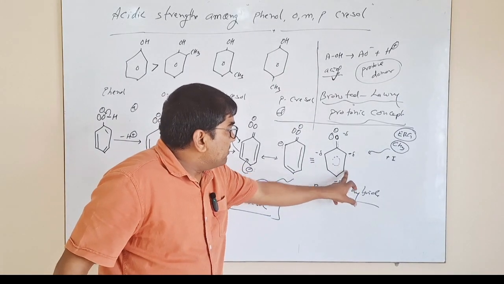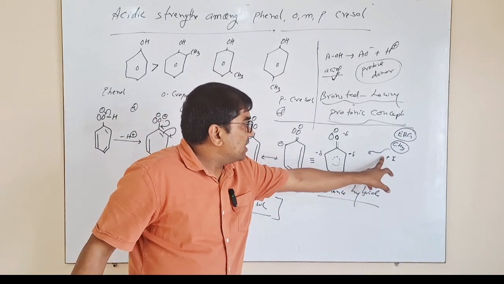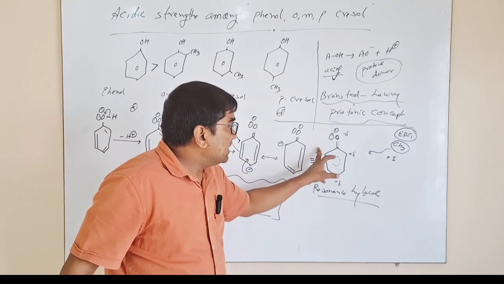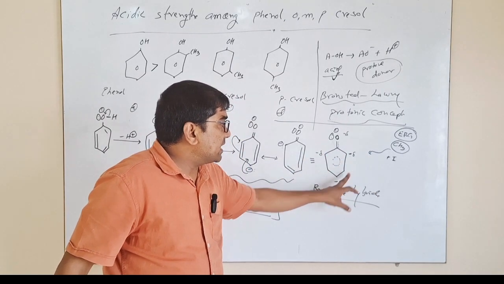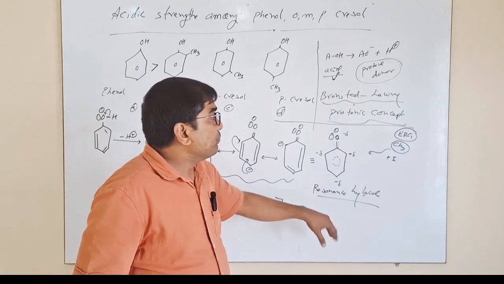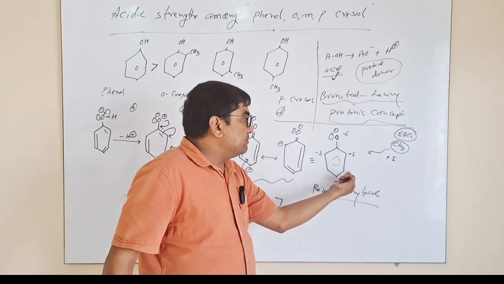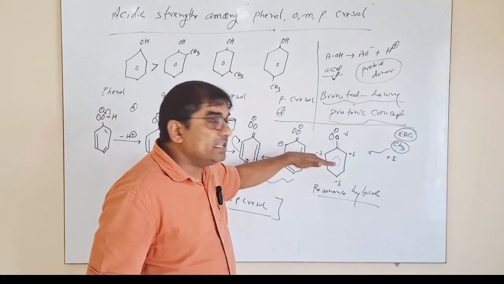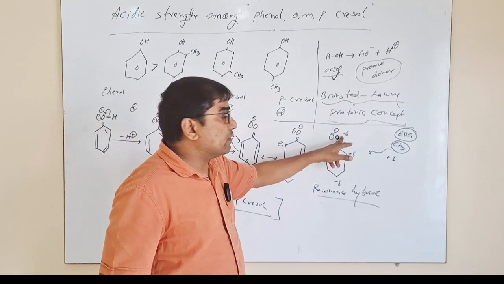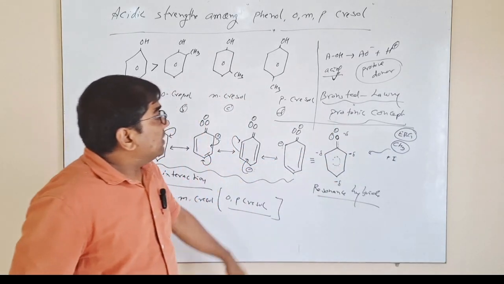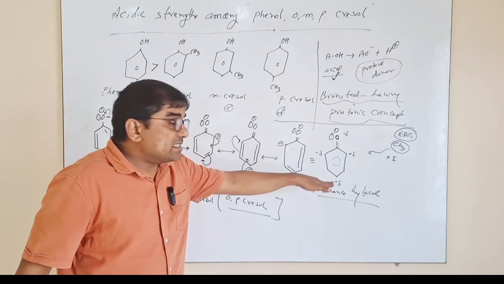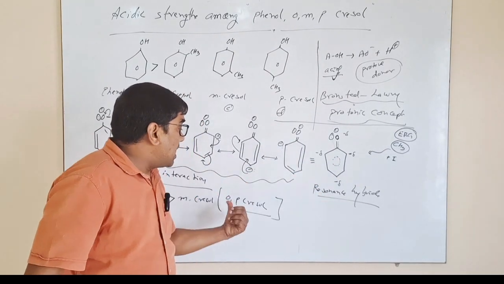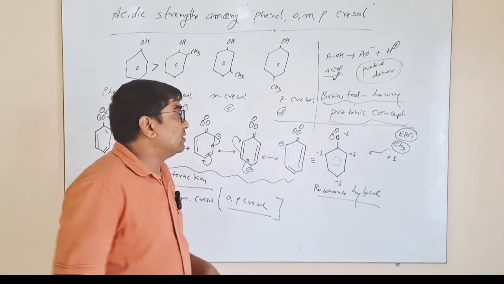Here, at the meta position, attachment of methyl is much more favorable because higher electron density is present at ortho and para positions. Due to attachment of this methyl at the meta position, there will be a little increase in the electron density at oxygen, and it will be less acidic than phenol but more acidic than ortho and paracresol.